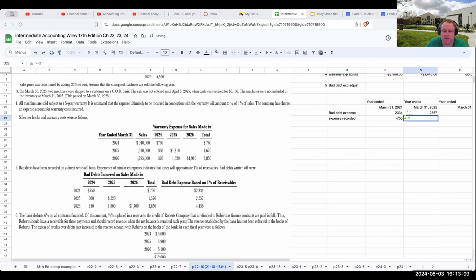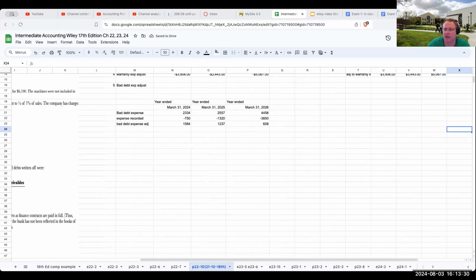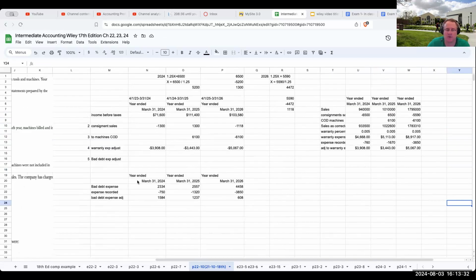This was 1,320, and this is going to be 3,850. So my bad debt expense adjustment is going to be over here at 1,584, 1,237, and then 608. So what we're going to do over here is similar to the one we just did.